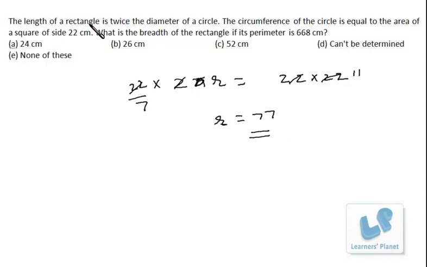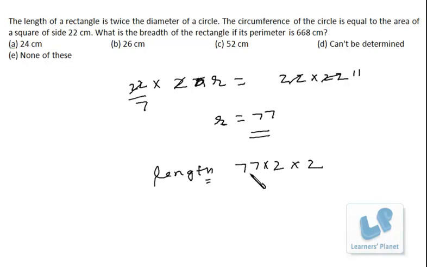Now length of the rectangle is twice the diameter of the circle, right? So the diameter will be double of this, and length of the rectangle will further be double of this. So this is the length of the rectangle, right? Now in the calculation of perimeter, 2 times length will come and 2 times breadth will come.